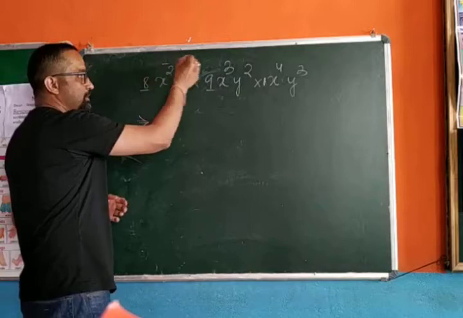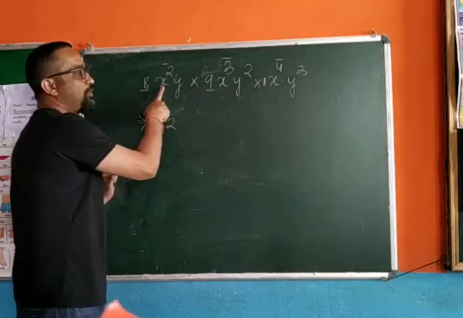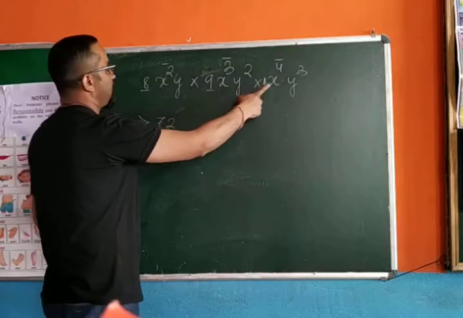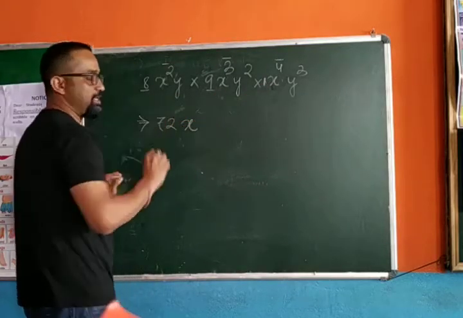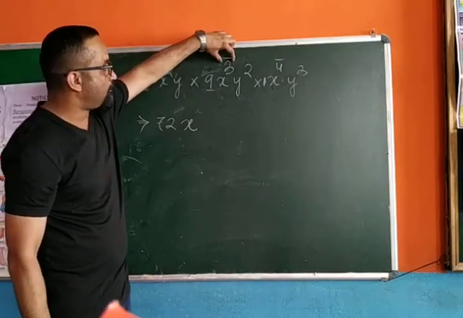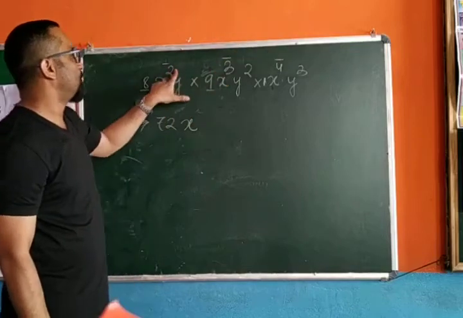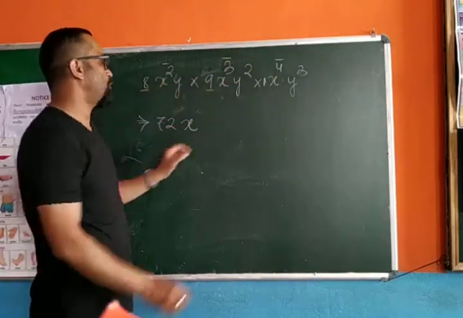Now you mark the like terms. x to the power of 2, x to the power of 3, x to the power of 4. So you write 1 base x. Powers you have to add up. 2 plus 3 is 5. 5 plus 4 is 9.